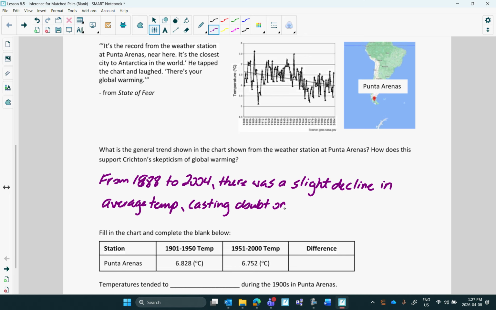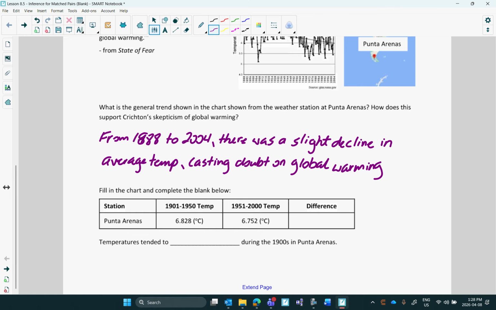on global warming. So imagine how skeptics of it, or people who are against it for political, economic, whatever reasons, grab onto this and say, well, look, this is a place close to Antarctica, and if it's not getting warmer there, maybe the entire Earth is not getting warmer.